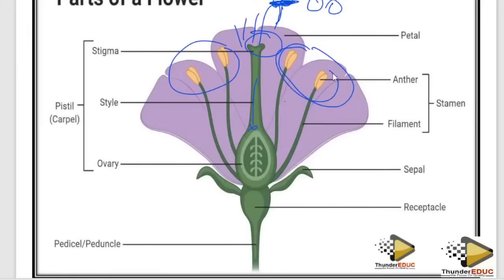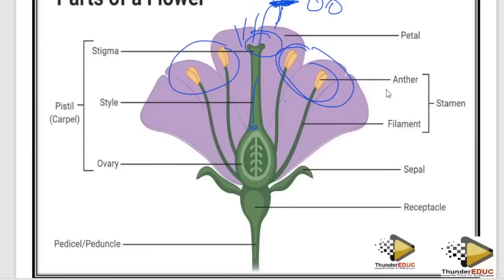But because now the anthers are below the stigma, it means that this flower is an insect pollinated flower. I'm not teaching, I'm just trying to tell you. Hence, I'm not going to spend too much time.